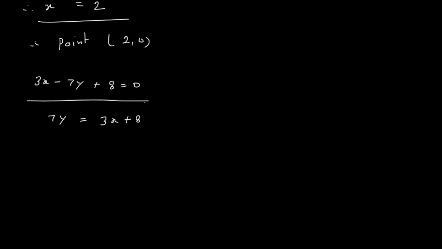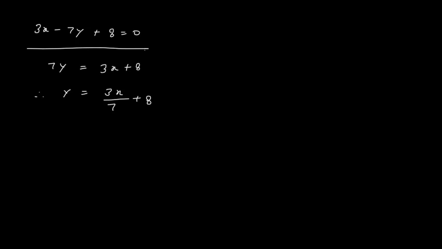Therefore I get y = 3x/7 + 8/7. So y = (3/7)x + 8/7.